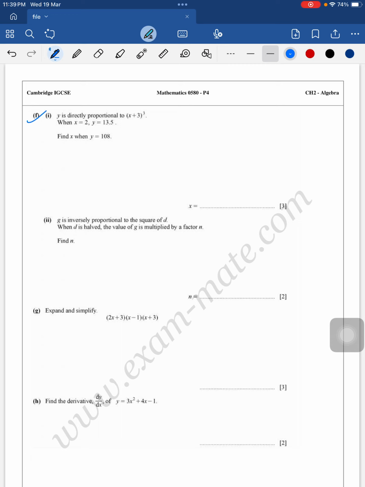Part F, y is directly proportional to x plus 3 the whole cube. When x is equal to 2, y is equal to 13.5. Removing the proportionality sign, y is equal to k times x plus 3 the whole cube.